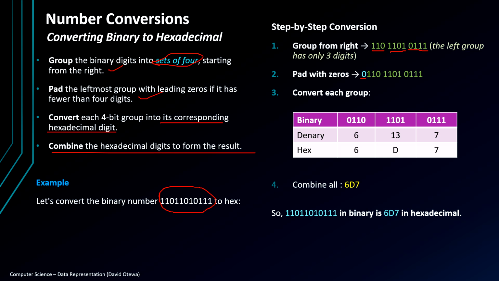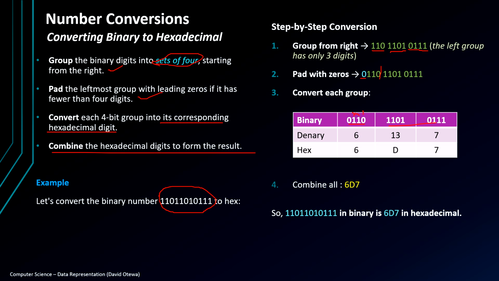Before we do this, we group them like this, creating our columns. So in binary we get this. We've already divided them into sets of 4. So 0, 1, 1, 0. For this we just do our 1, 2, 4.